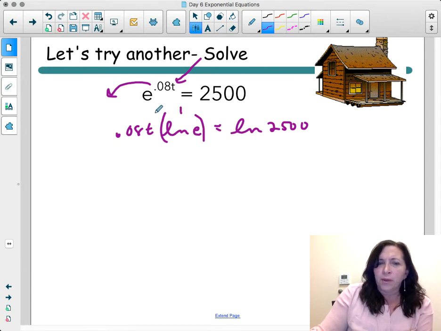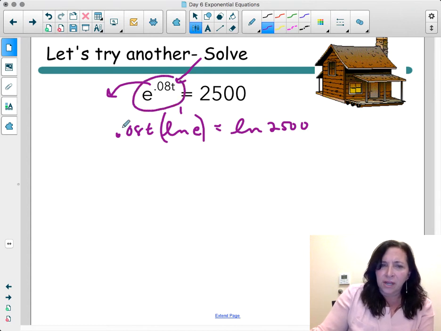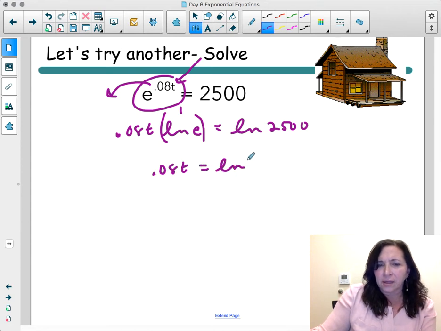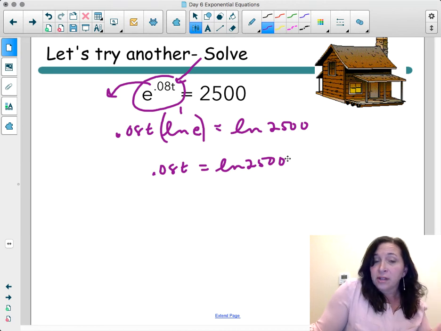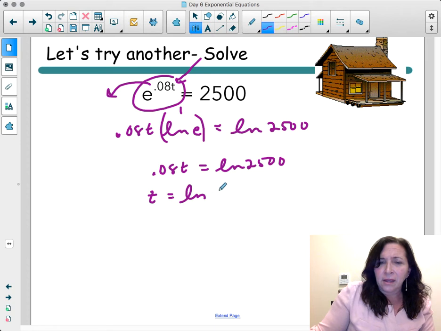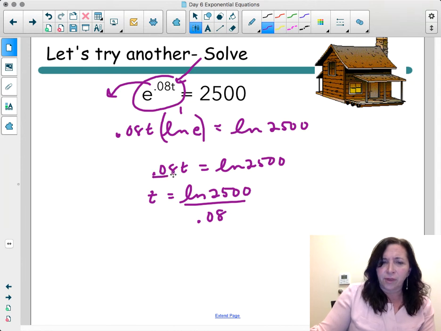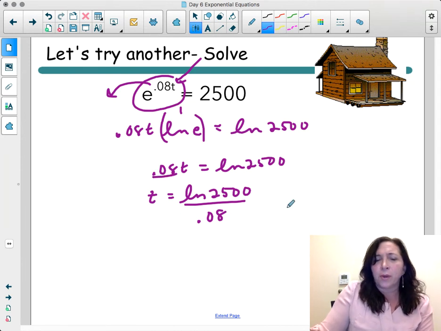And therefore, what that does is you can go from this equation right here to 0.08t is equal to ln of 2500. Now, you do actually need a calculator for this problem. t is equal to ln of 2500 divided by 0.08, because both sides were divided by 0.08.